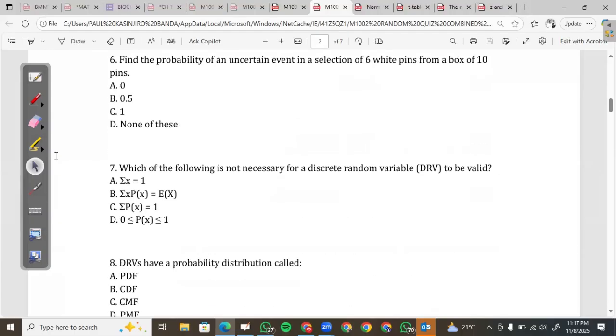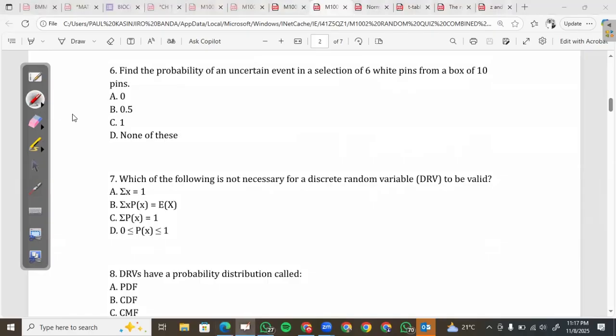Okay, so it's quantitative. And then question 6, what are they saying here now? They're saying find the probability of an uncertain event in a selection of 6 pins from a box of pins.